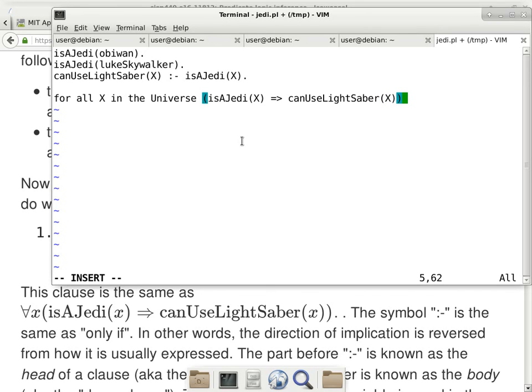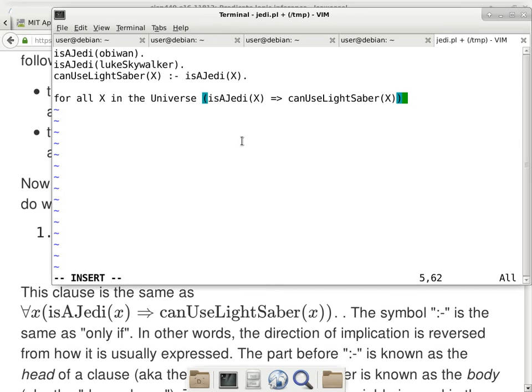So the last line, line 3, in mathematical terms, is saying for all x in the universe, where the universe is the set of all the things that we have to consider, in parentheses, is a Jedi x, which is a predicate, implies can use lightsaber x in parentheses.